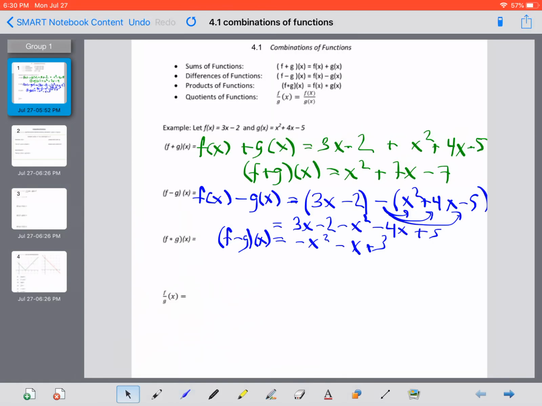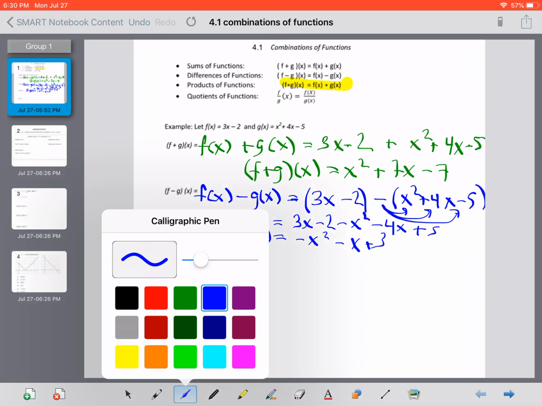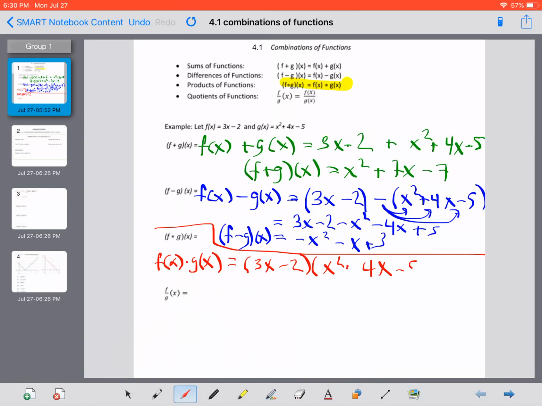Alright, well f times g of x is the next one, and again, f times g of x is going to work out exactly how you'd expect. It's just f of x times g of x, so we do it underneath so that I have some space. F of x times g of x would be the function 3x minus 2 times x squared plus 4x minus 5.